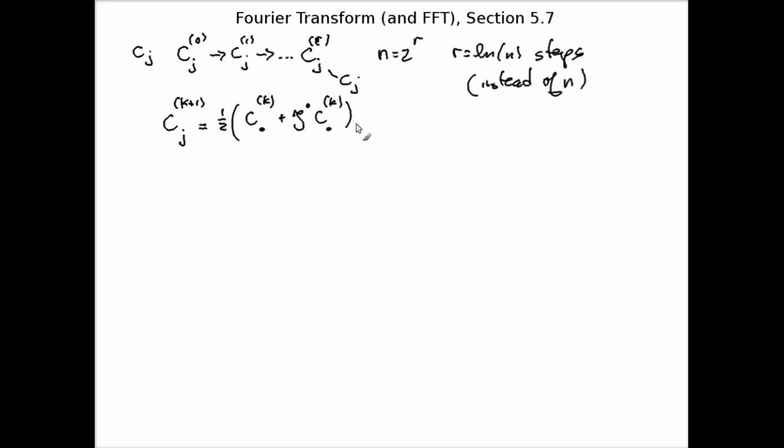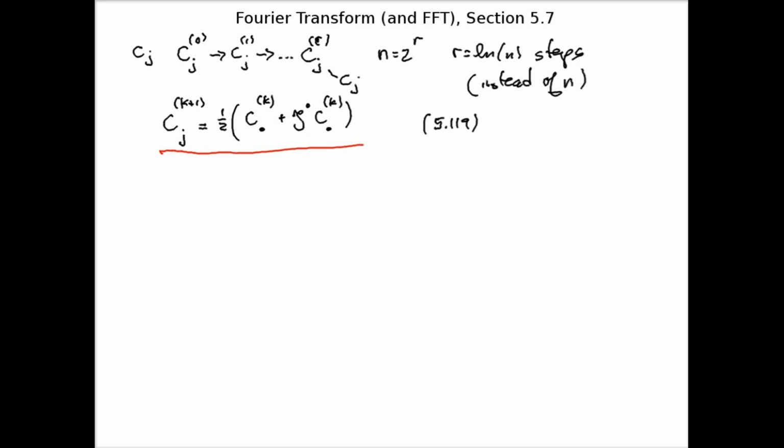So if you want to see the exact formula, it's 5.119. But for now, I'm just going to show you the form of it. Each c_j at the k plus 1th step up here is a sum of two c's from the preceding steps, and exactly which c's are given by these dots. And also there's a power of zeta which comes in, and that's how the calculation proceeds.